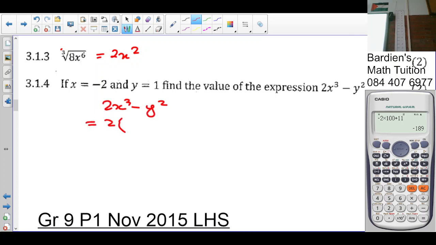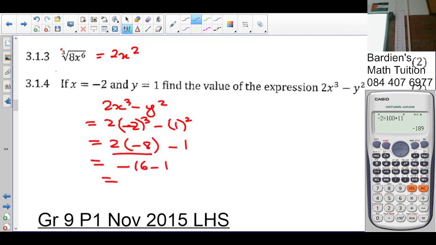Negative 2 cubed minus 1 squared. So let's sort out the exponents. Negative 2 cubed is? Negative 8. Because that's negative 2 times negative 2 times negative 2. Minus 1 squared. We do that first. 2 times negative 8. Minus 1. Negative 7.